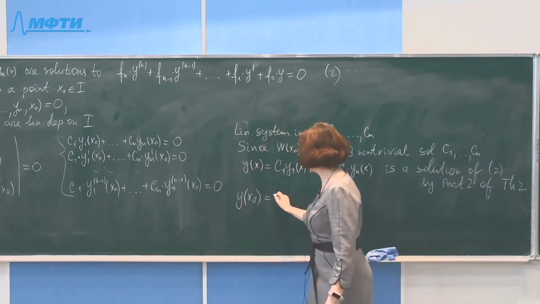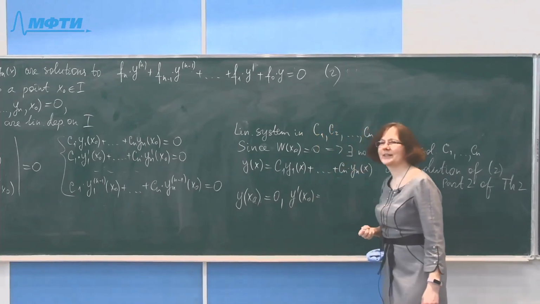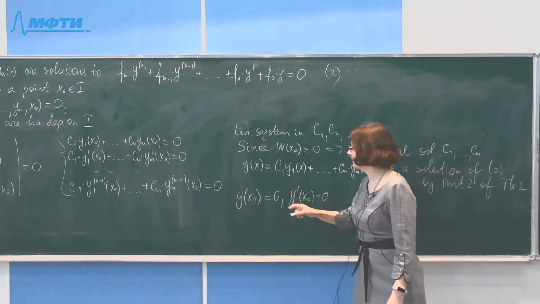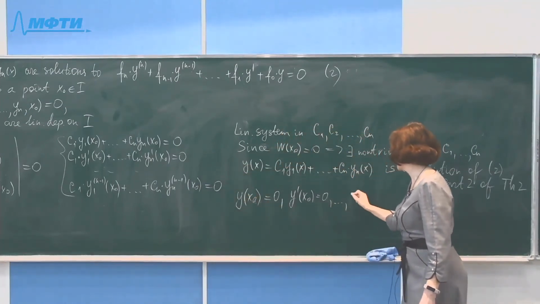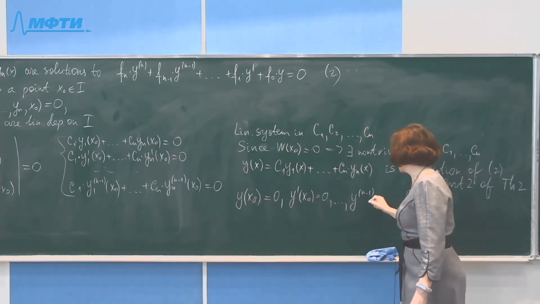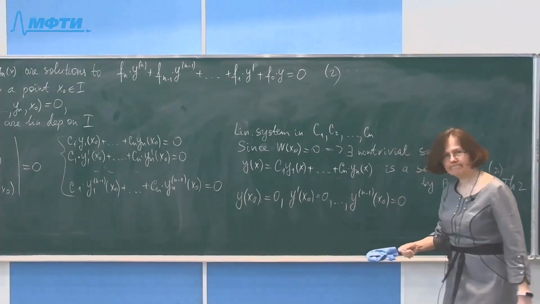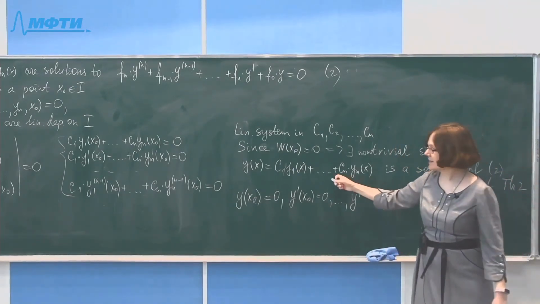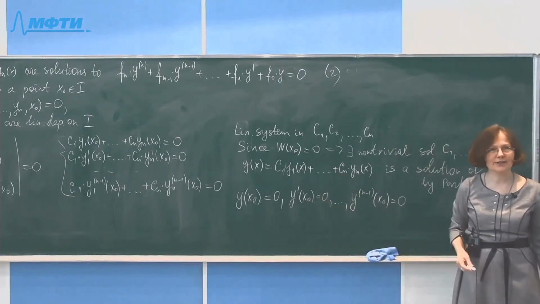What is y prime of x0? Also 0, right? It comes from the second equation, the second condition. And the derivative of order n minus 1 at x0 is 0. So this is a solution, and it satisfies these initial conditions.